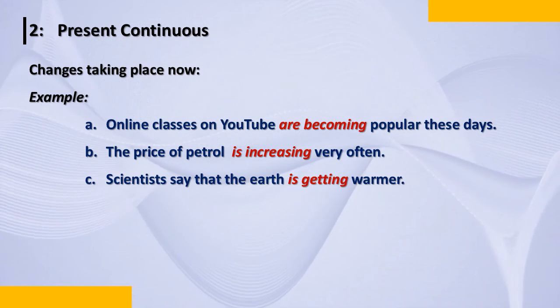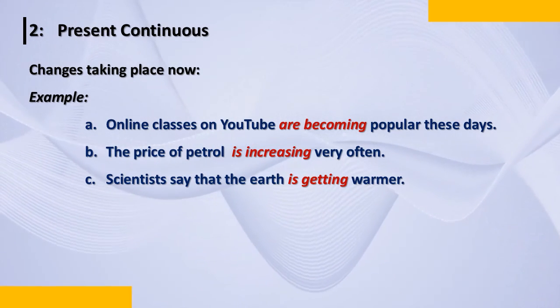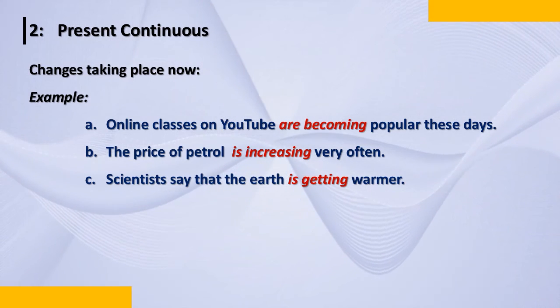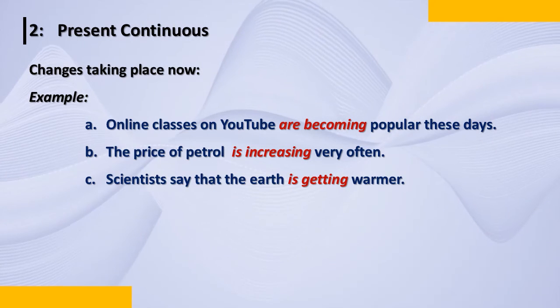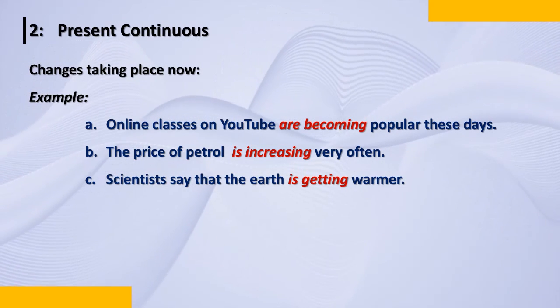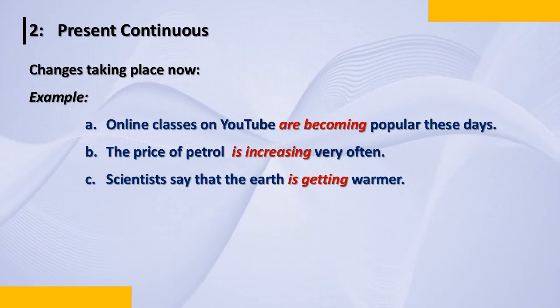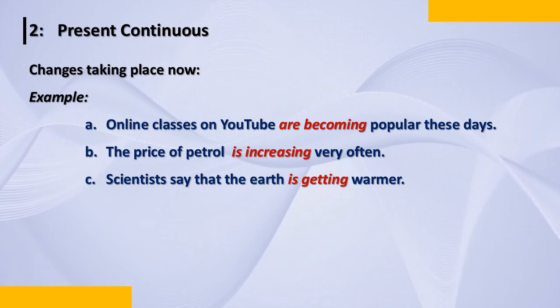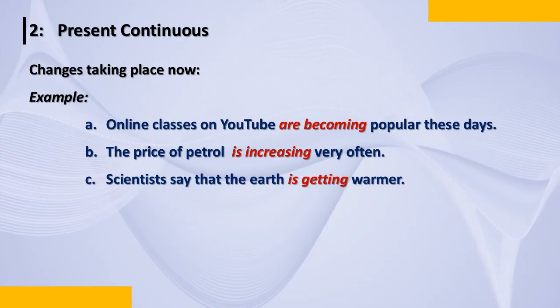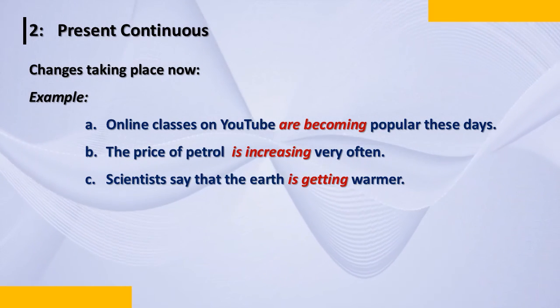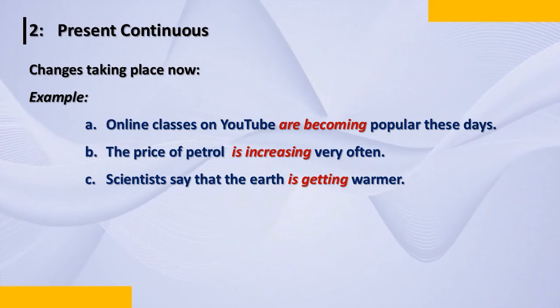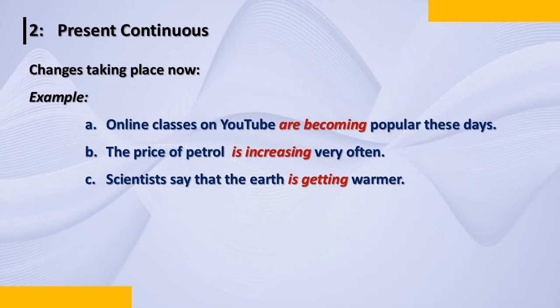The price of petrol is increasing very often. The cost of petrol is increasing every 15 days, every 1 month, every 2 months. So the change is continuously happening. Scientists say that the earth is getting warmer. So this is a change which is continuously happening in the world.